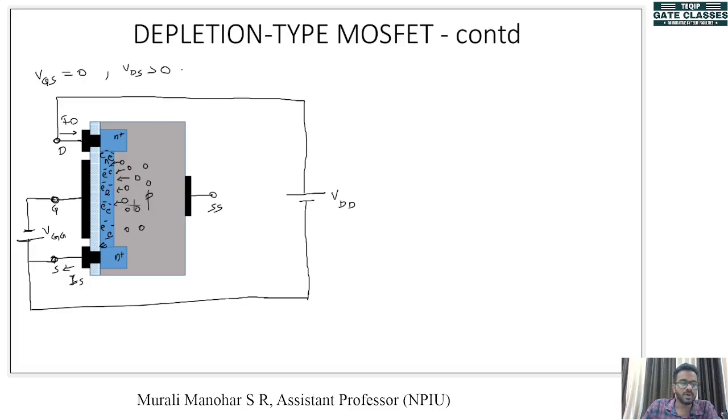So when these holes are attracted to the N channel, the electrons in the N channel and the holes coming from the substrate will recombine, and this recombination will reduce the number of electrons in the N channel, and because of that the current will reduce.